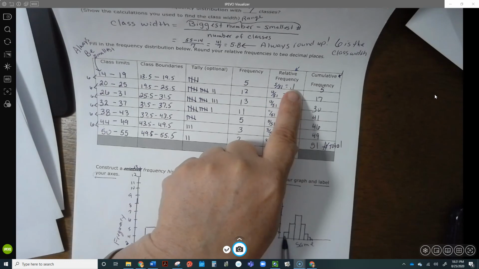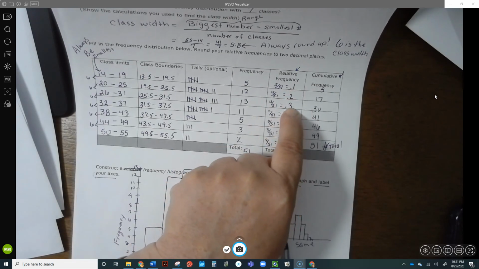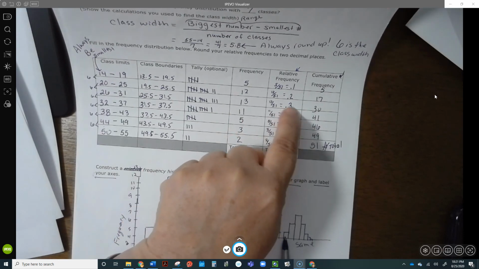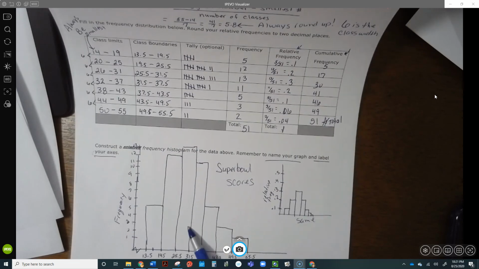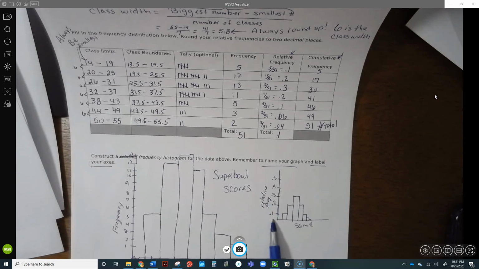When you come over here and do relative frequency, that one is probably going to be the biggest decimal because it had the most numbers. So 13 out of 51, that 0.3 is showing that it's about 30% of all of the numbers. Notice that the shape is pretty much the same. The only difference is that this is not giving us actual numbers.